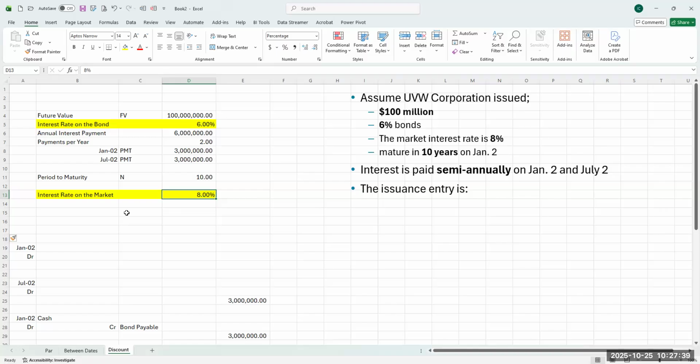So basically what we're chasing is the present value. First, the present value of $100 million after 10 years, which is the principal.